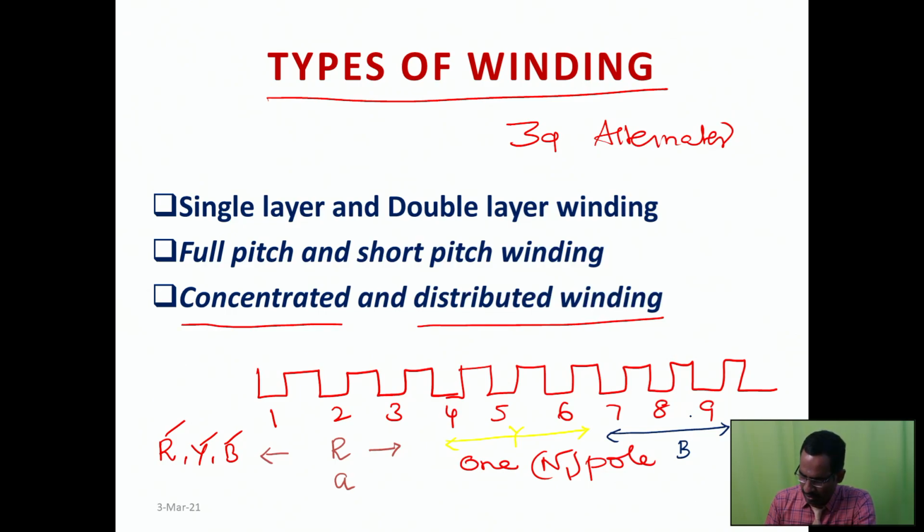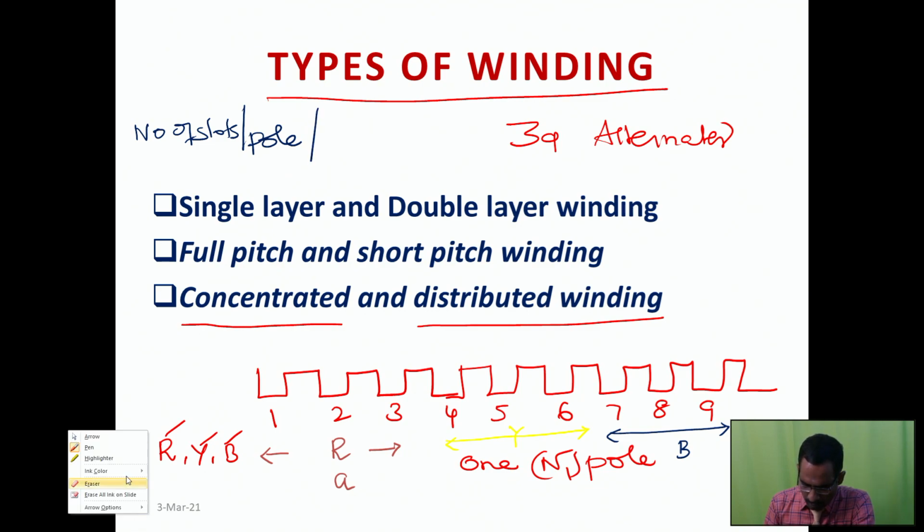So now I have divided these slots per phase. So I can write this term as number of slots. First, we are dividing the number of slots per pole. Now I am dividing it per phase.